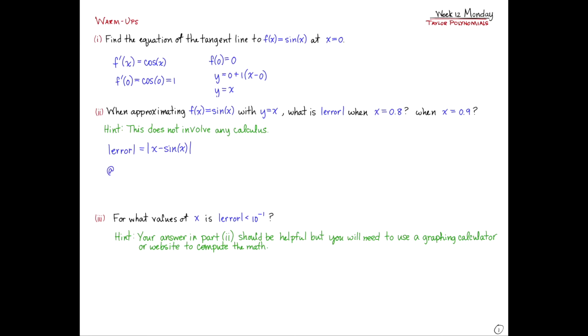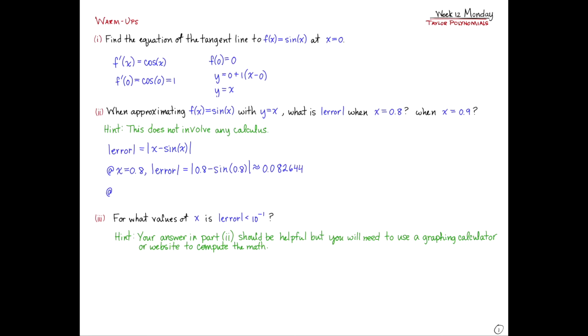At x equal to 0.8, the size of the error is equal to the absolute value of 0.8 minus sine of 0.8. Evaluating this in your calculator, we get that it is approximately 0.082644.